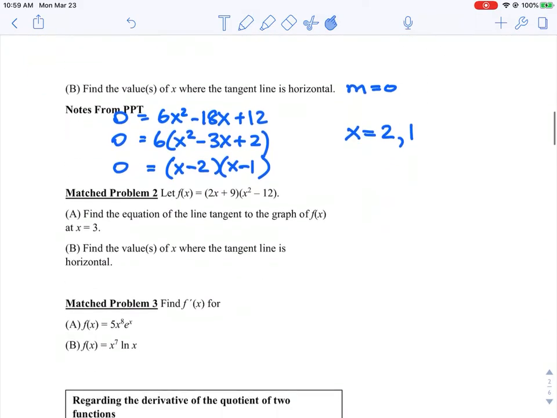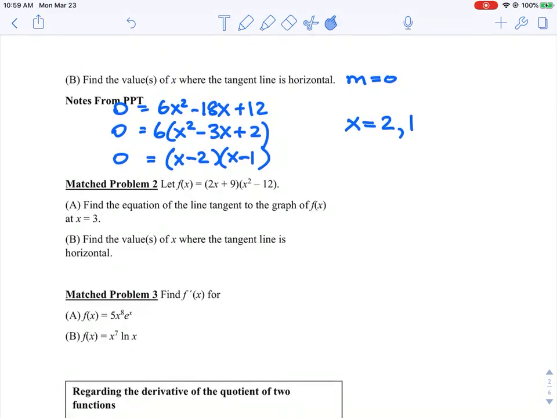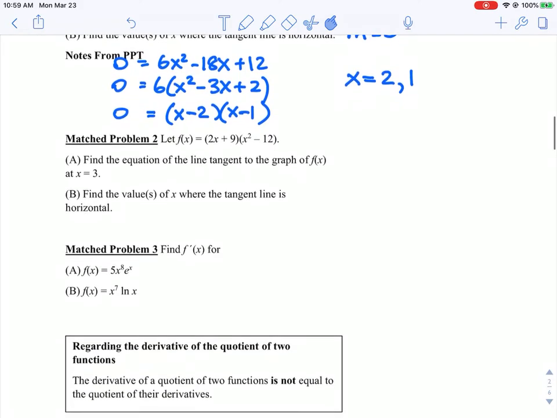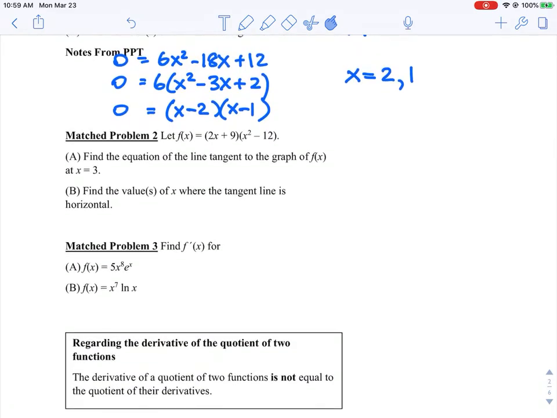All right, you go ahead and try match problem number 2 and match problem number 3. I will post the answer, just the answers. If you have any questions, make sure you email me for a Zoom meeting.